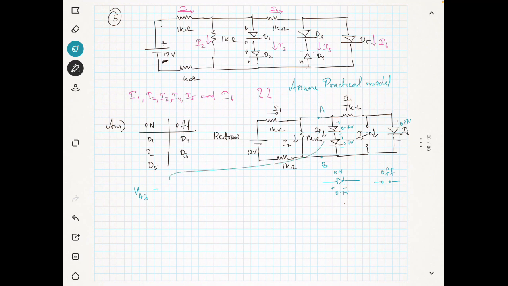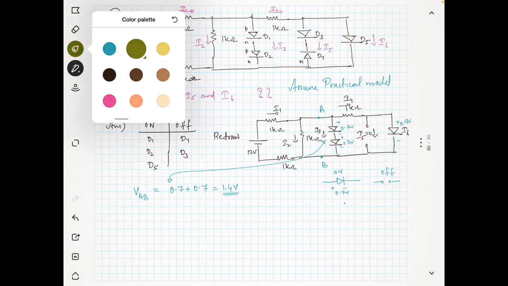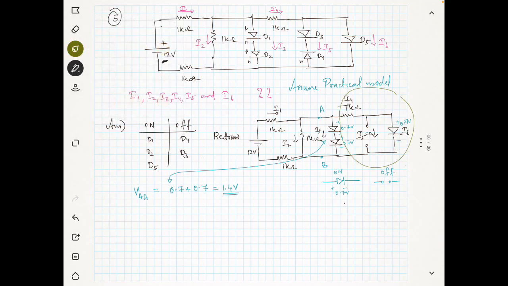Because of these two diodes which are in on state and both are in series, you have the voltage which is nothing but 0.7 plus 0.7, which is 1.4 volt. Now we will see the last part of the circuit, and we can see here the voltage between A and B is 1.4.